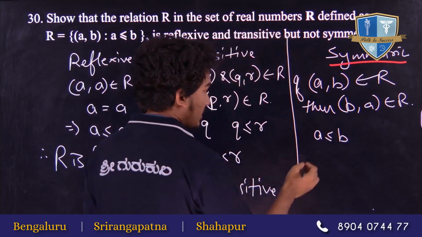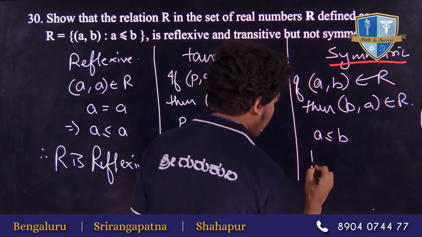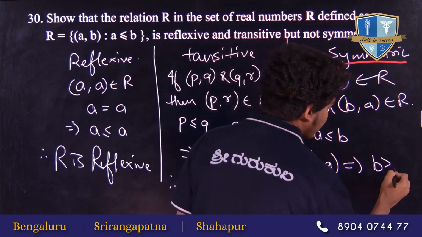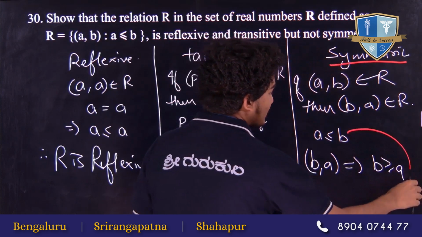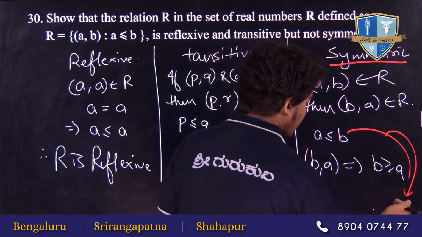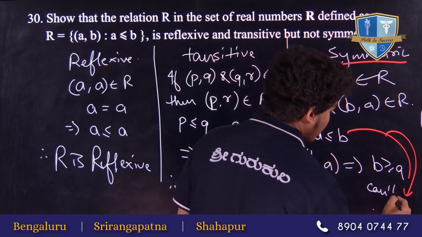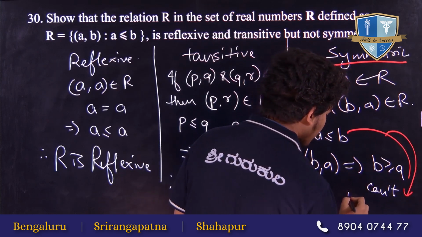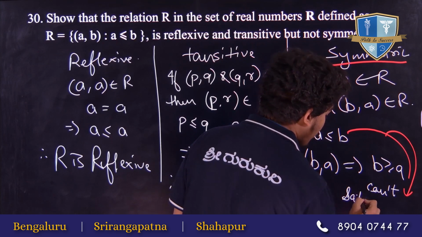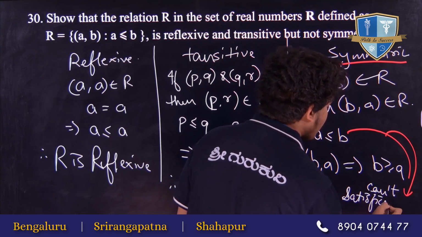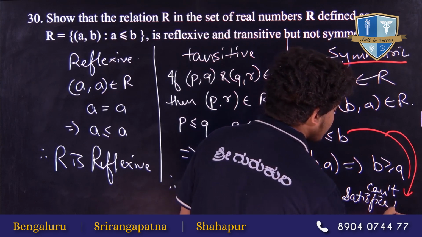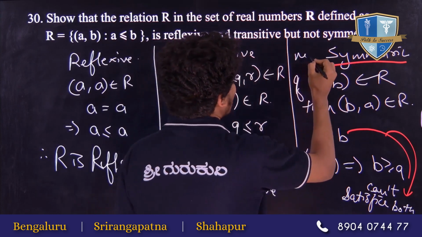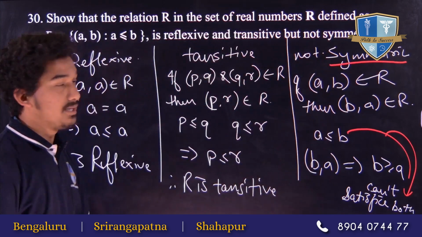Then if this is true, (b, a) should also belong to the relation, which implies b is greater than or equal to a. So both can't be satisfied at the same time. Therefore it is not a symmetric relation.